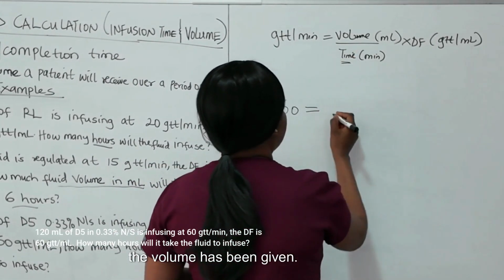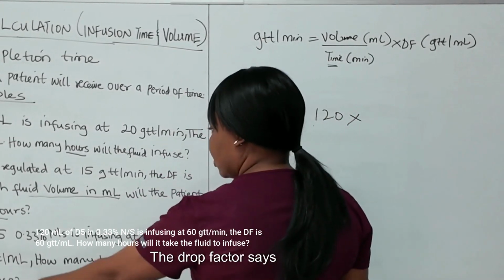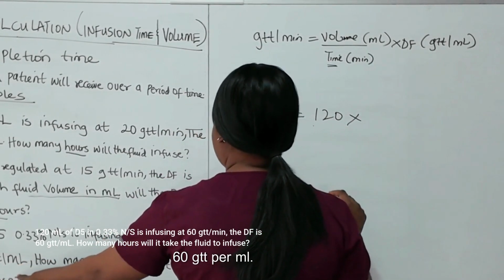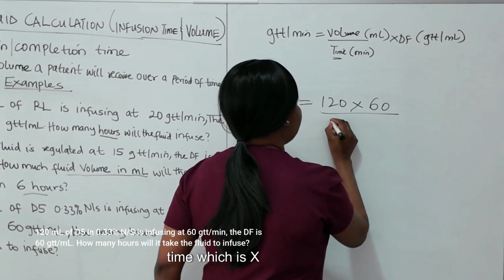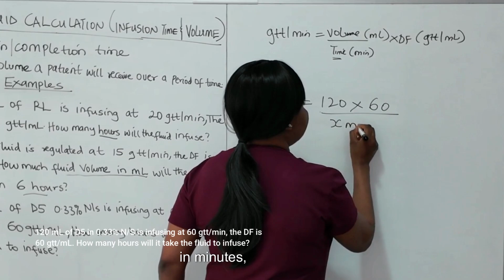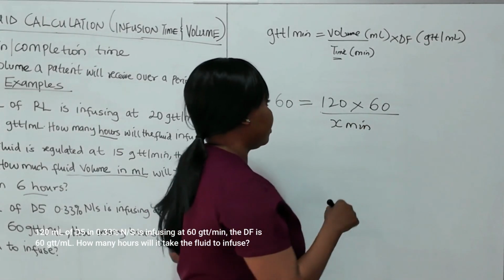The volume is 120 ml. The drop factor is 60 gtt per ml. Now it's the time we're looking for, x in minutes, although our final answer will be in hours.